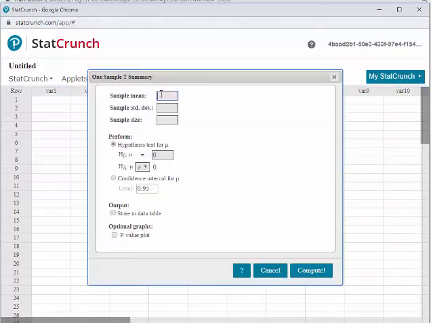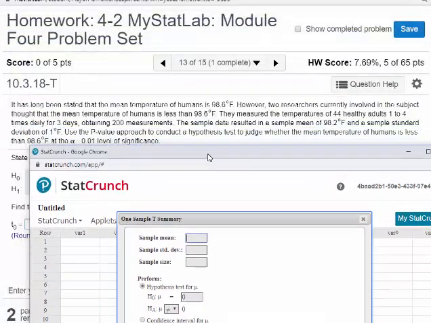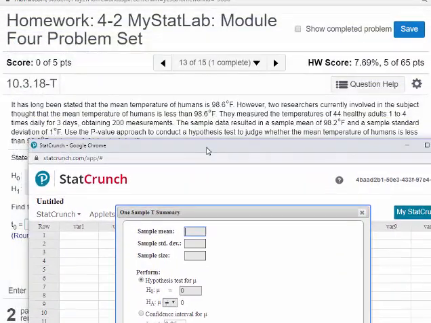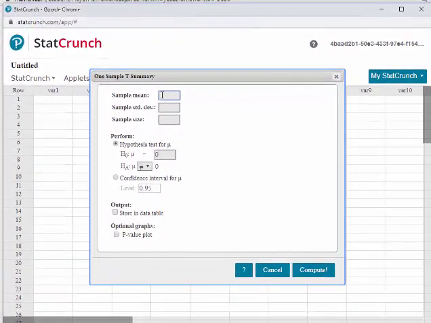What was the sample mean? If you look back in the data, it was 98.2 degrees Fahrenheit. The standard deviation was 1 degree Fahrenheit, and they had 200 samples. We want to test whether the mean was equal to 98.6, and our alternative is, no way, it has to be less than that.